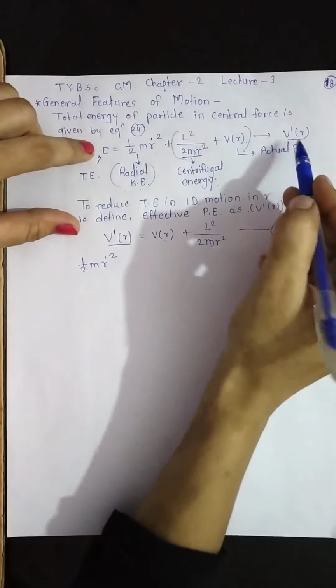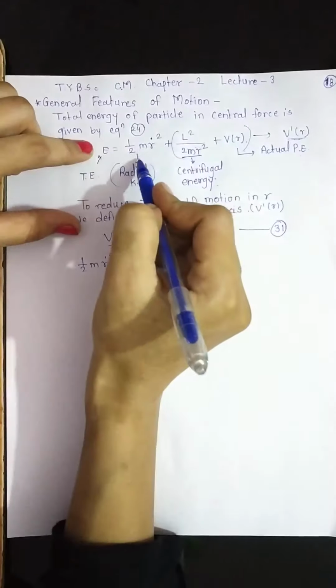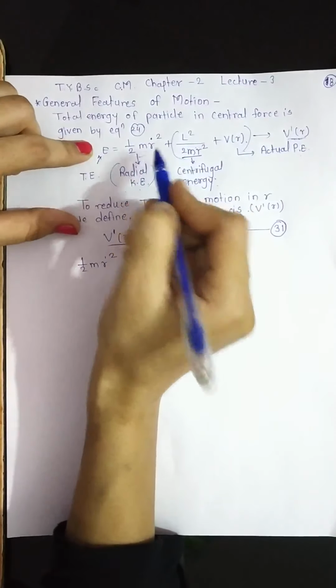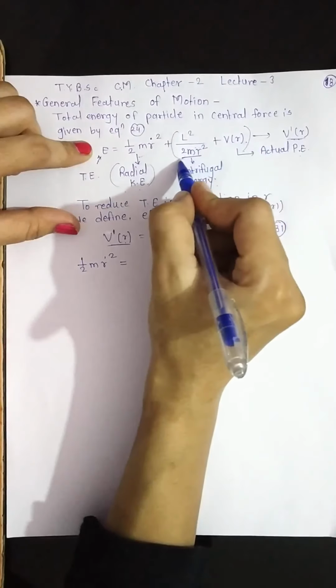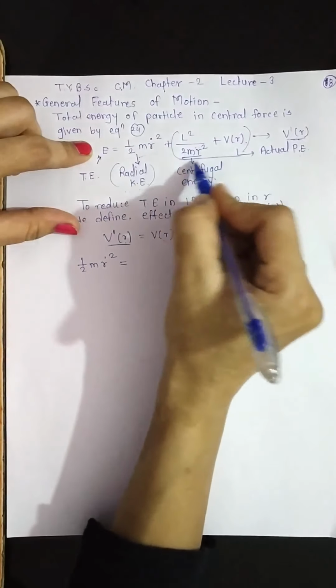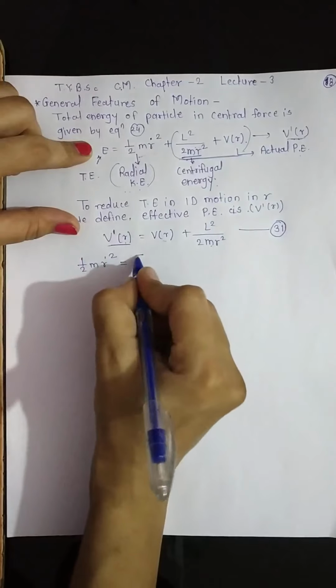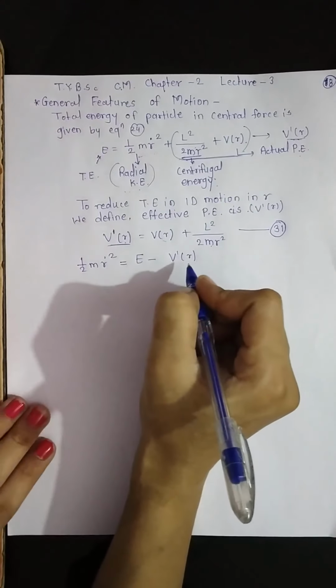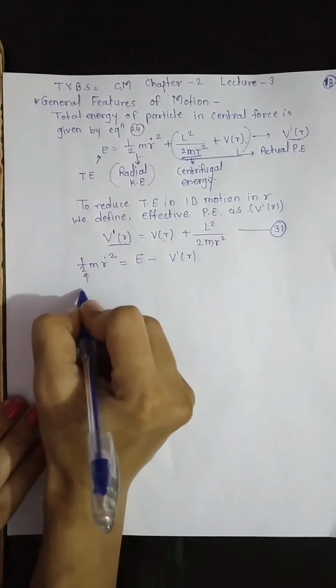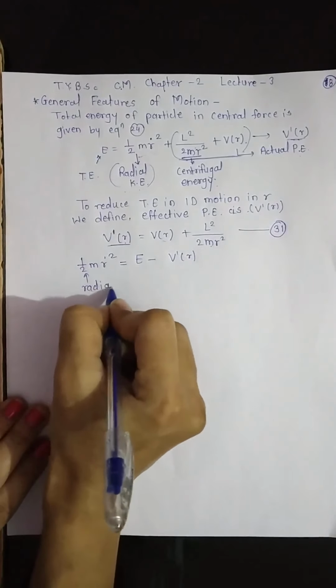It will become E minus V dash of R, which is equal to half m r dot square. Therefore, half m r dot square will be equal to E minus V dash of R. So this is nothing but the radial kinetic energy.